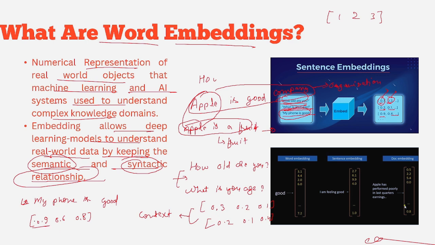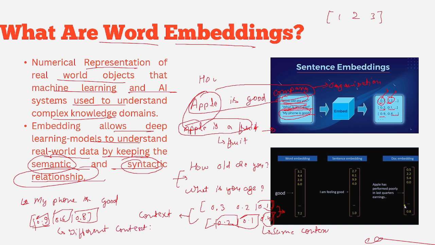The number in this vector, 0.9, is very far away from 0.2, and 0.6 is also far from 0.1, and 0.8 is also far from 0.4. So the first vectors are very close to each other, so they represent the same context, and this vector represents a different context.